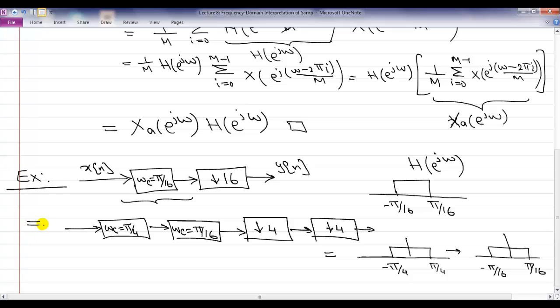And hopefully you all agree that the system on the upper side is the same as the system that I have drawn here with 4 components now. Why have I done that? Because I want to use the identity that I proved, and I want to apply that identity on this part.